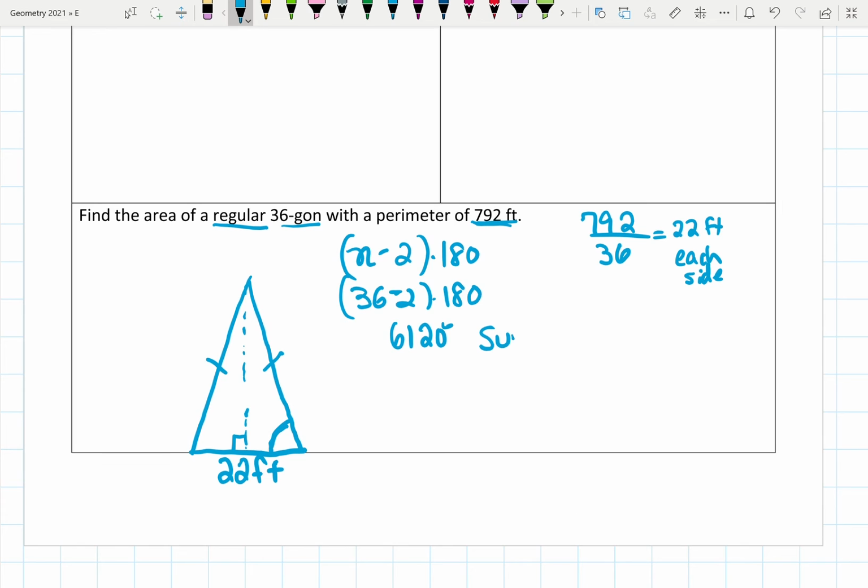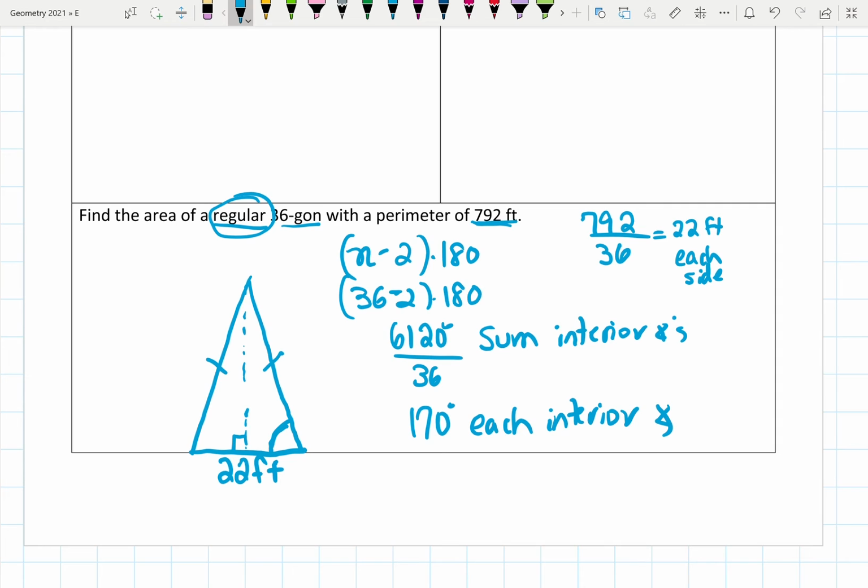That's the sum of the interior angles. But I know that since it's regular, I can split that sum 36 ways, and when I do that, I get 170 degrees for each interior angle.